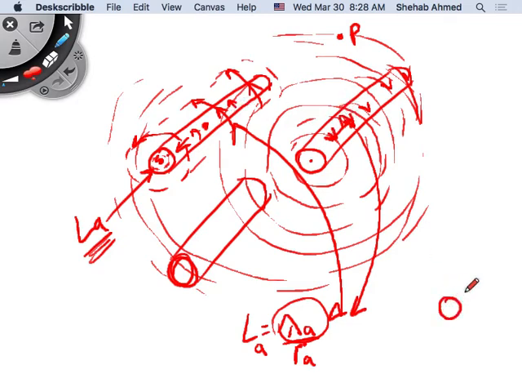Remember what we were doing was, we ended up with an equation. I'll show you the equation on the slides.